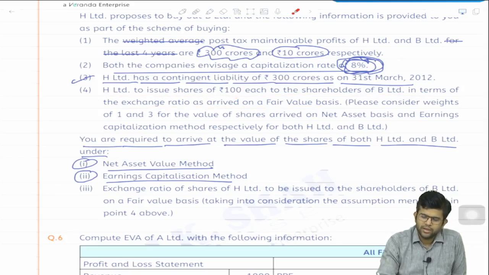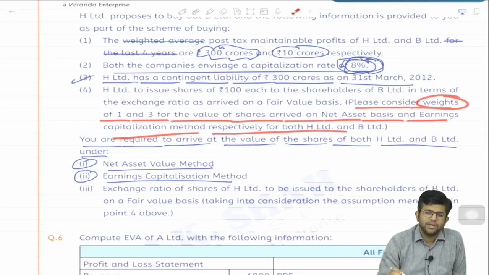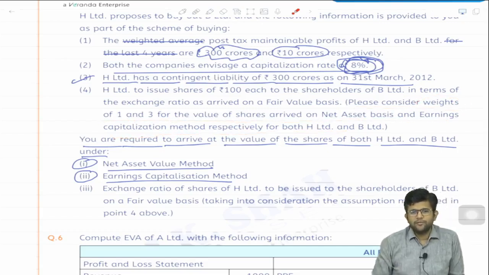Okay, all that is okay. But for fair value, what are they saying? Please consider weights of 1 and 3 for the value of shares arrived on NAV and ECM respectively. Oh, that means now for fair value, you are not being allowed to take a simple average like how you took just now and got 678. I hope you are understanding. You will have to do weighted average.